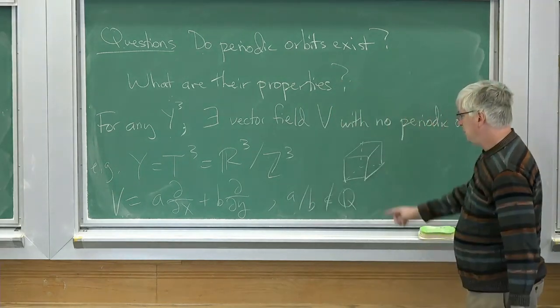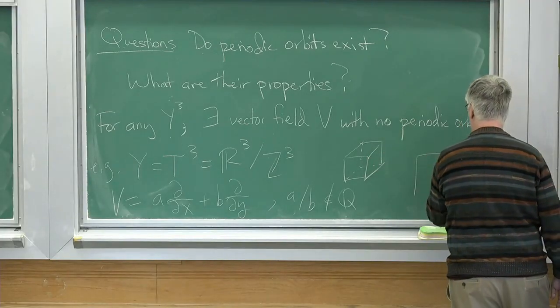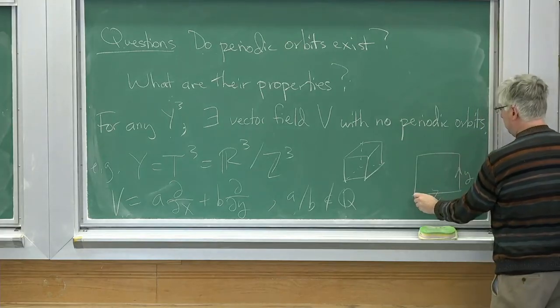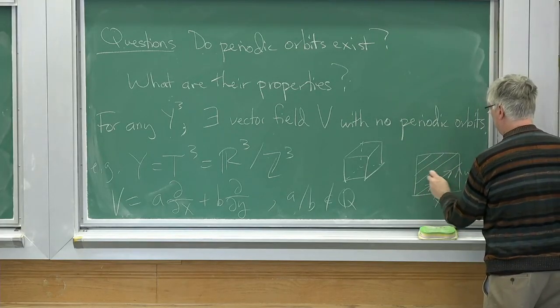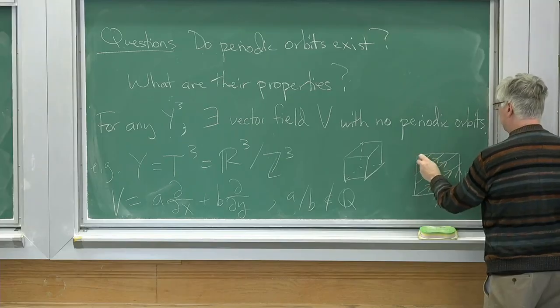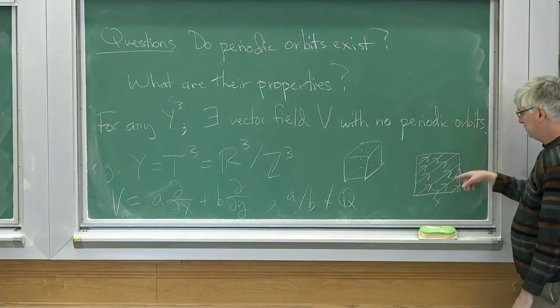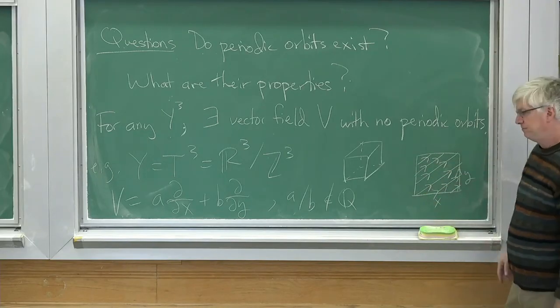So it doesn't move at all in the z direction. But on an xy slice, the vectors are all the same at every point up to translation, with some irrational slope. So you start at some point, and you're never going to come back to the same xy.